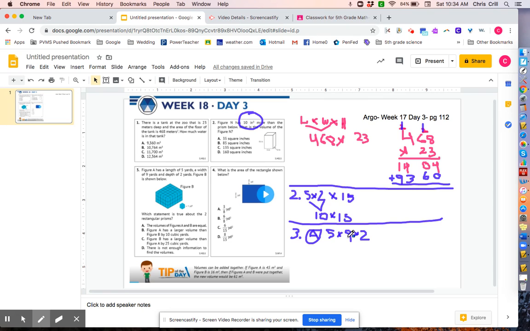You could multiply 5 times 9 and then multiply that times 2. I kind of see something that might make multiplying this easier. If I multiply 5 times 2, that's 10. And then I can easily multiply that times 9. It's almost like looking at different layers. We can change the order in which we multiply and still get the same answer.